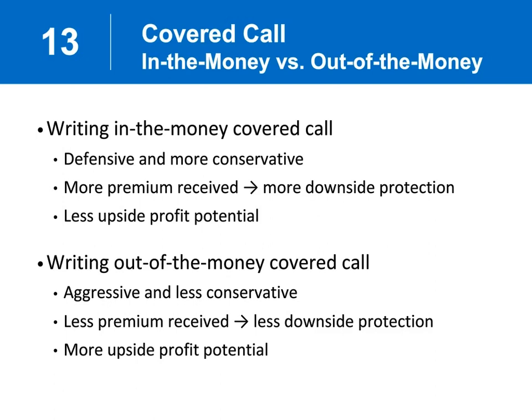And so the flip side is the out of the monies tend to be a little bit more aggressive, less conservative, because you're taking in less cash and, of course, then have less downside protection. I think the opinion or your forecast on the underlying is critically important as to trying to decide whether to sell an in the money, an at the money, or an out of the money call.